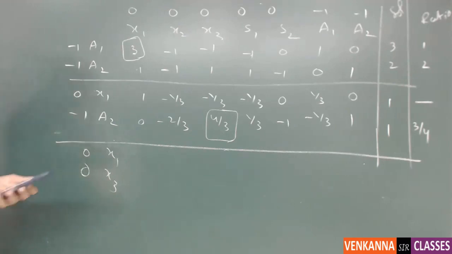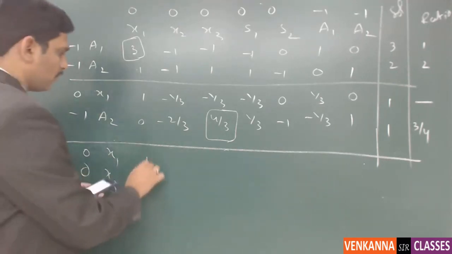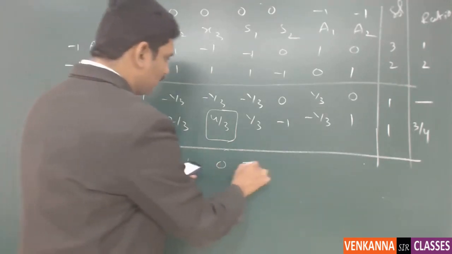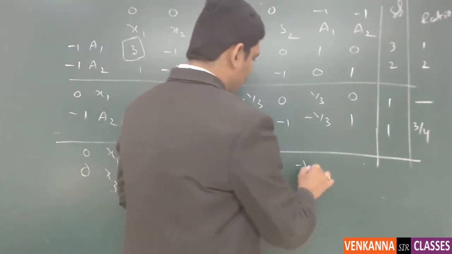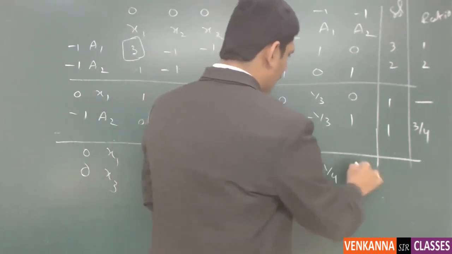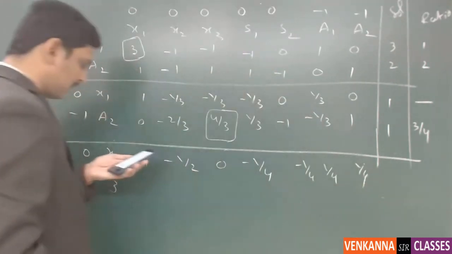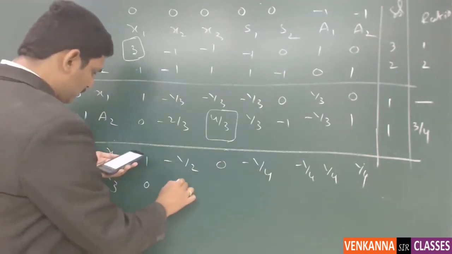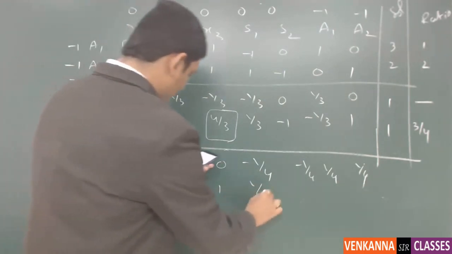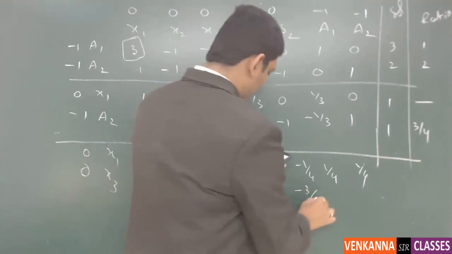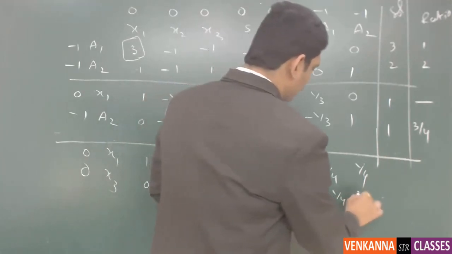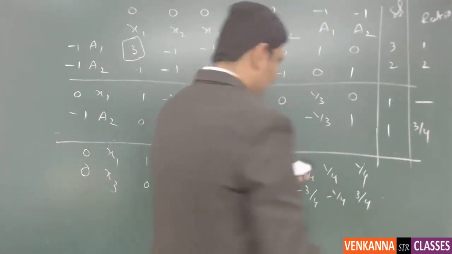It is going to come like this: 1, minus 1/2, 0, minus 1/4, minus 1/4, 1/4, 1/4, and then 0, minus 1/2, 1, 1/4, minus 3/4, minus 1/4, 3/4, and the solution part will come as 0, 0.